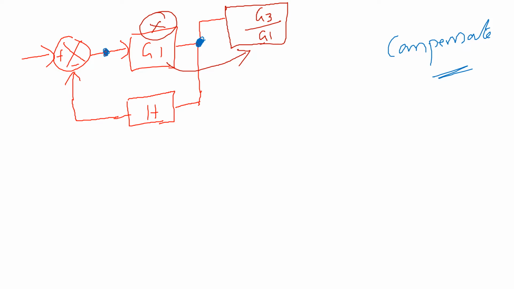So here, say for example, let our gain be B. In the question I gave, if it is B then it is B by G1, if it is C it is C by G1.